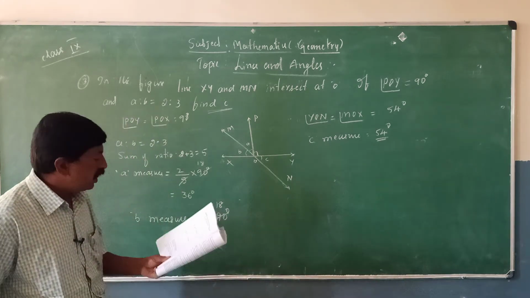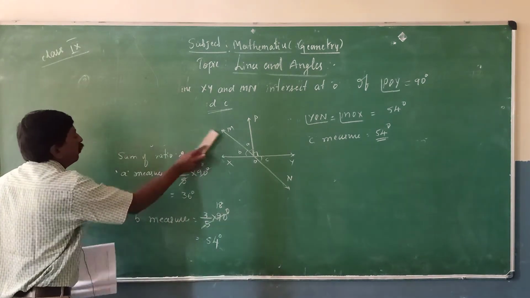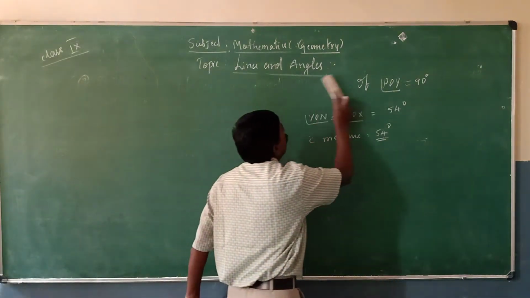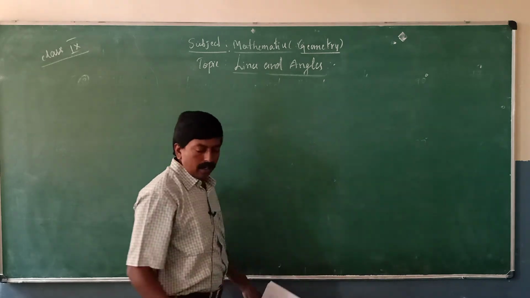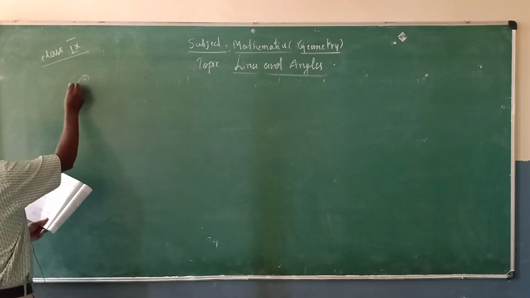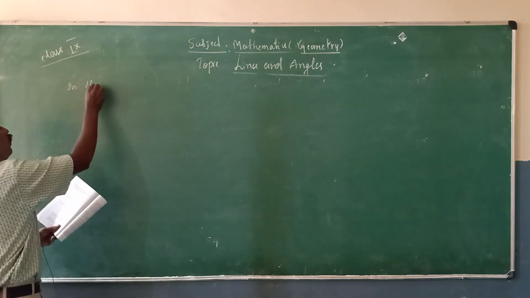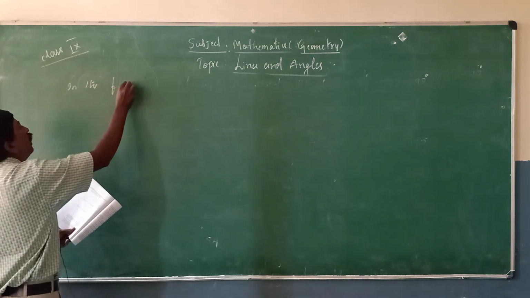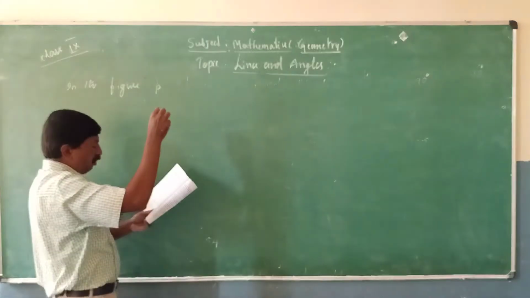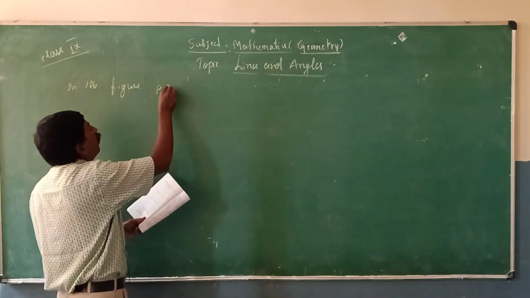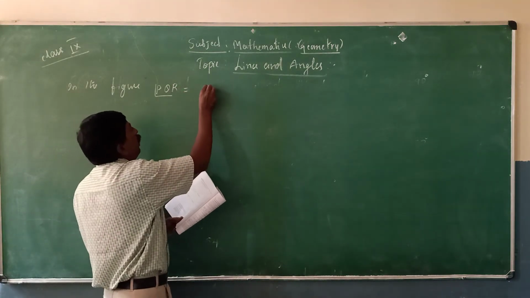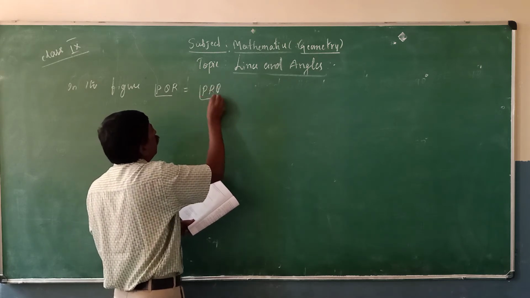All problems are very easy. And another one, proof is given. I think that is based on triangle and the line. So, what is the question they have given? In the figure, angle PQR is equal to angle PRQ.